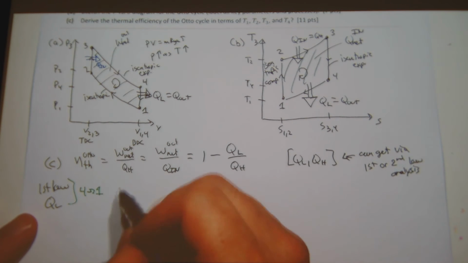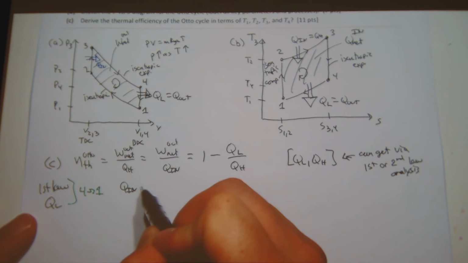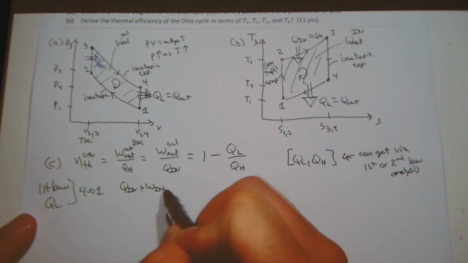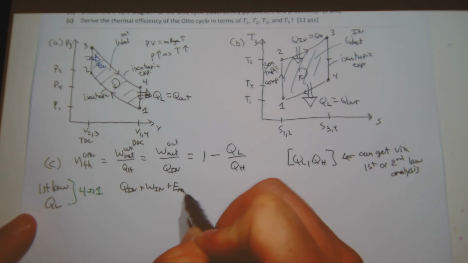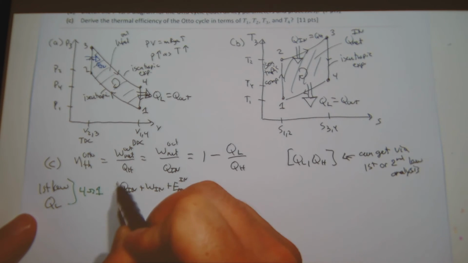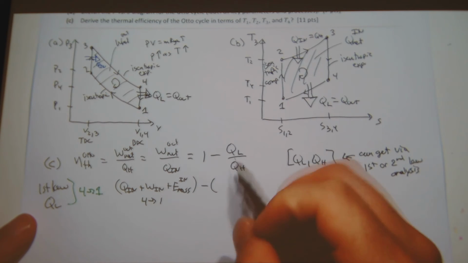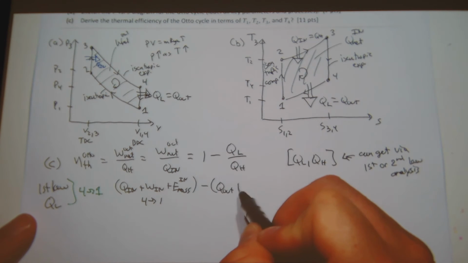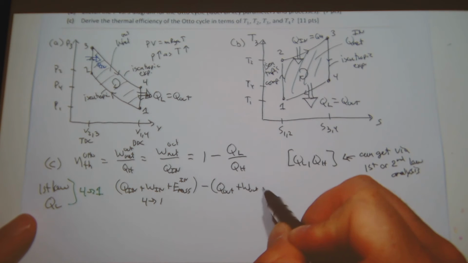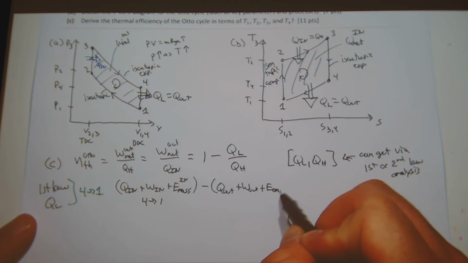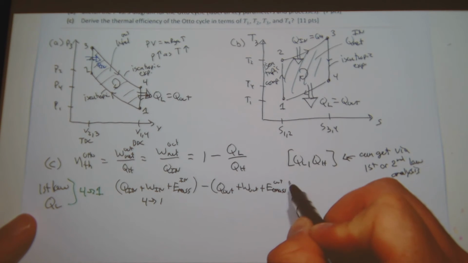From 4 to 1, I have Qn plus work in plus energy associated with mass in 4 to 1 minus Q out plus work out plus energy associated with mass out.